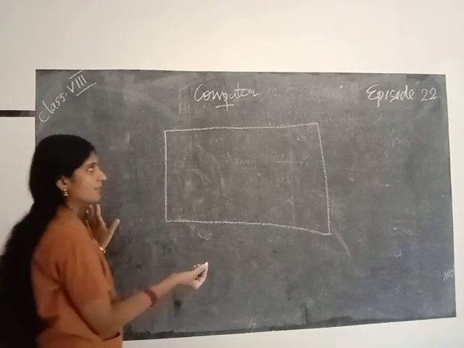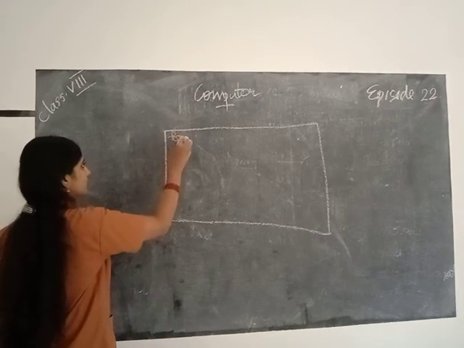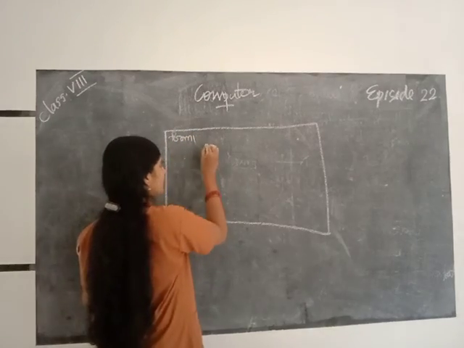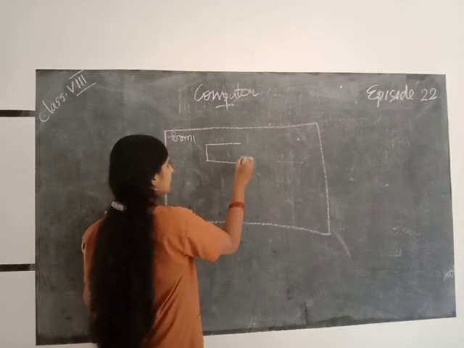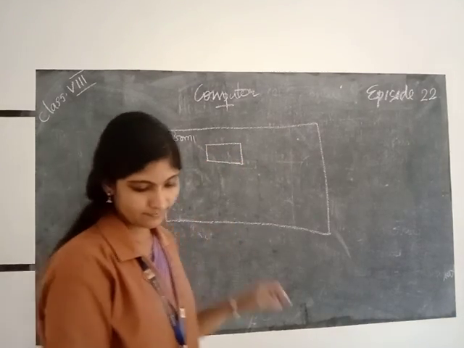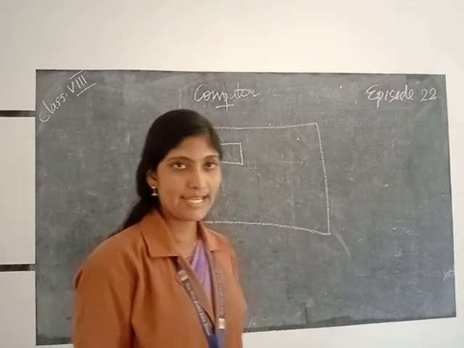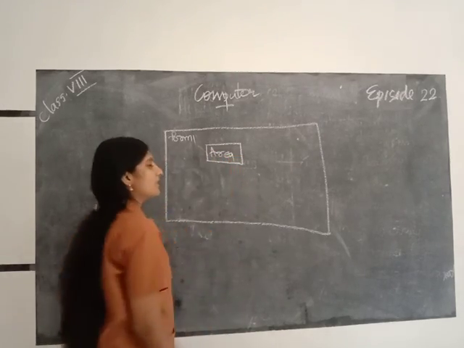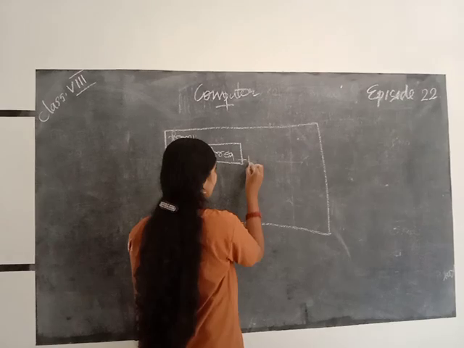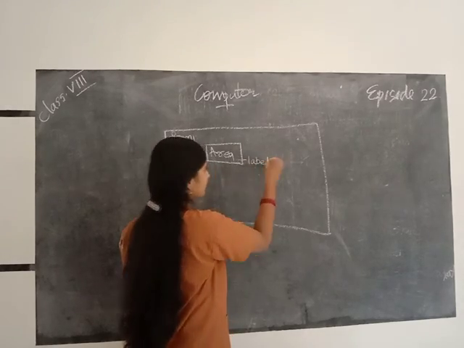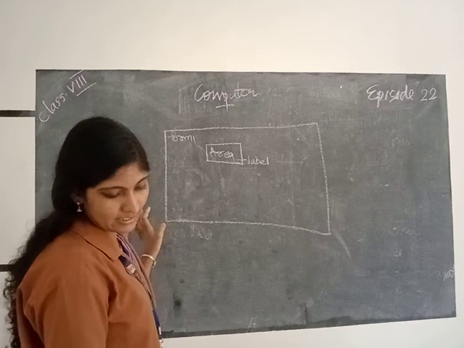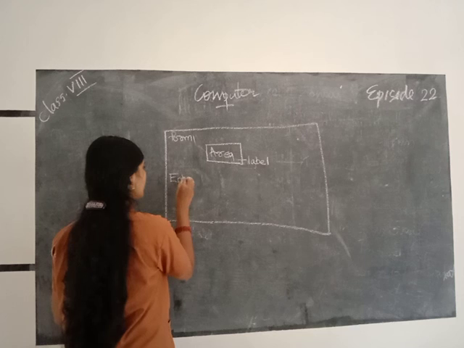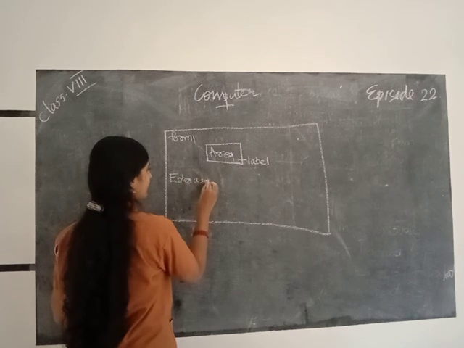Here the name of the form is, let's say, Form1, and there is a label. The name of the label is Label1. Then another label, Enter a radius.